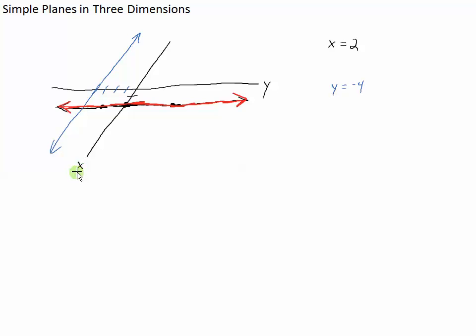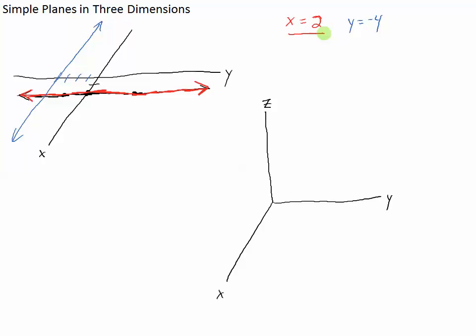Okay, so now we do the same thing. If I want to graph X equals 2 in 3 dimensions, there are no restrictions on Y or Z. So X equals 2 is right here. So when I'm just looking at the 2-dimensional XY plane, I have this line, right? All of these points are where X equals 2 in the 2-dimensional plane. But then I've got to think about, what about those Z values?